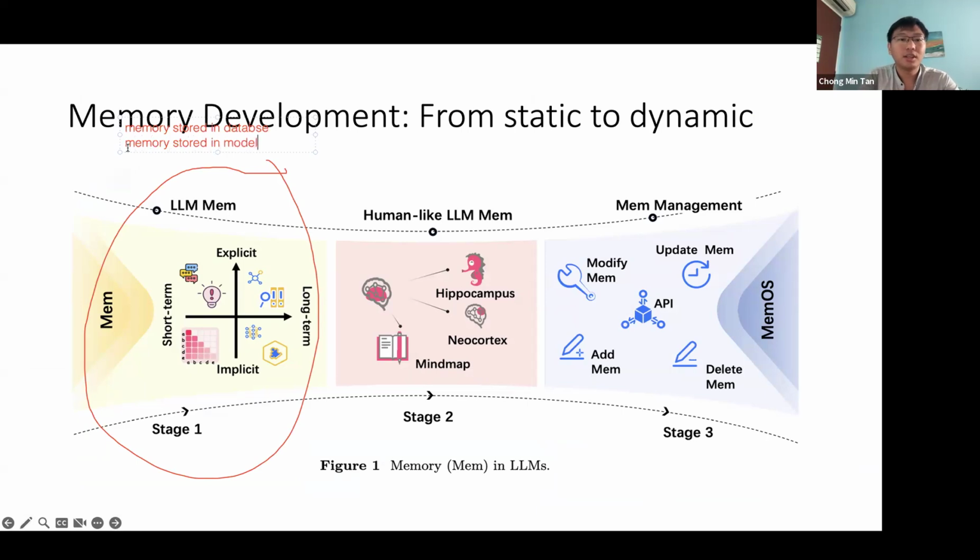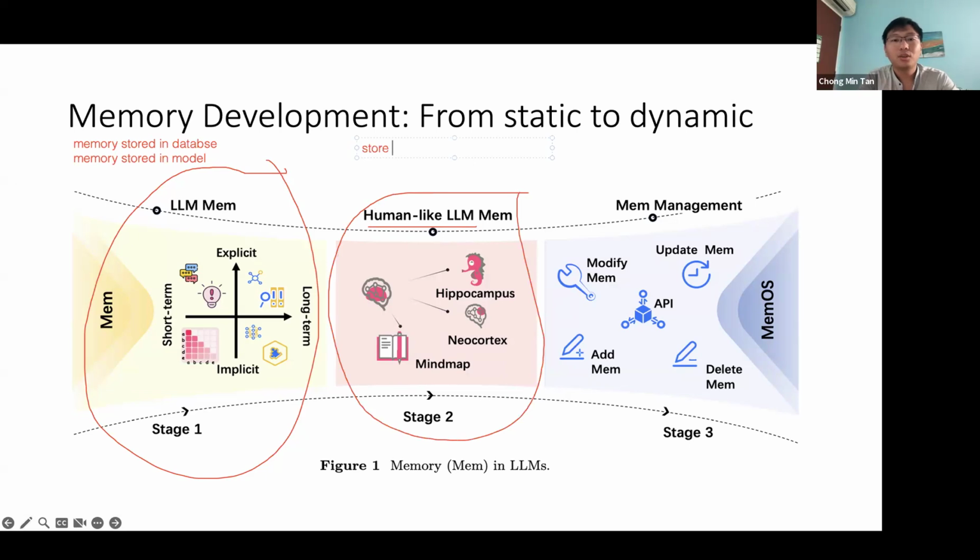That's stage 1 memory, where the LLM is trained separately from your external database. Stage 2 memory, we infuse with a bit of human inspiration, cognitive-inspired memory, where we store the memory by priority, like you put emotions inside here, or you encode by locations.